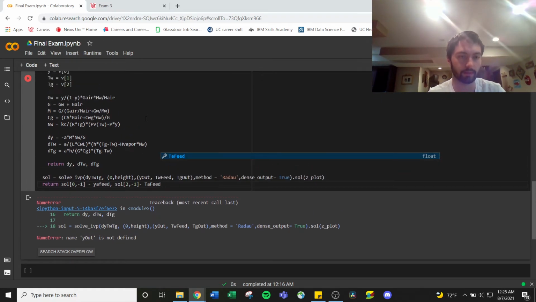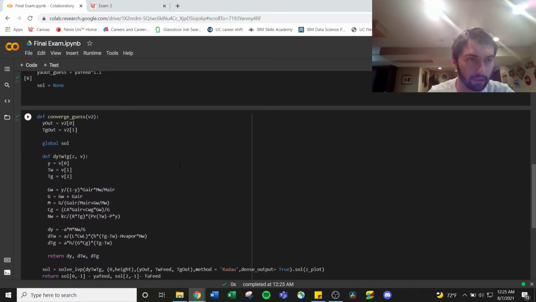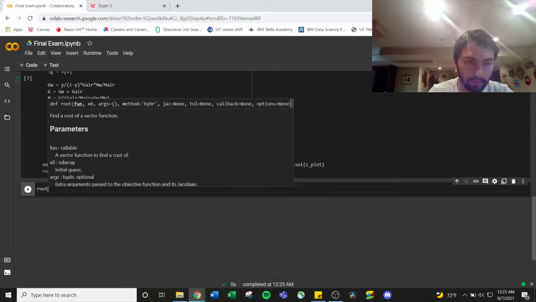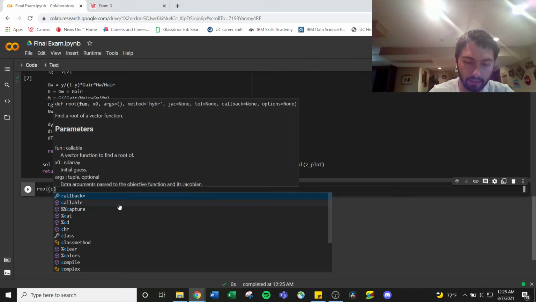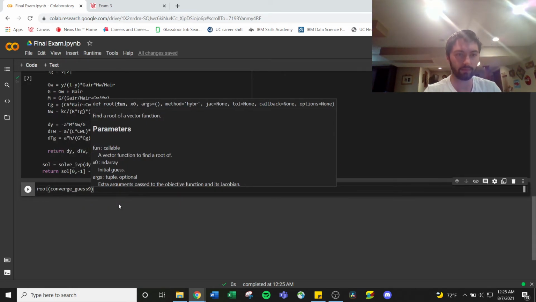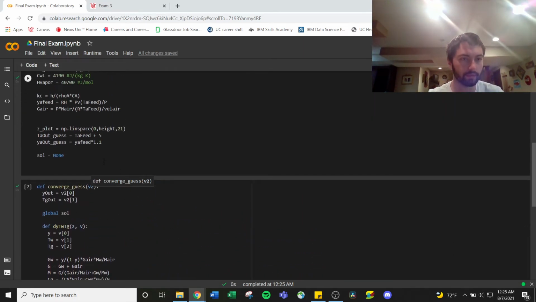Alright, so now I should be able to run this, no problem. Let's see. Yep, looks like it ran. So now I think I should be able to do the root function. We'll call on our converge guess. And then I will feed that v2, so we'll do our initial guesses that we made from up here.